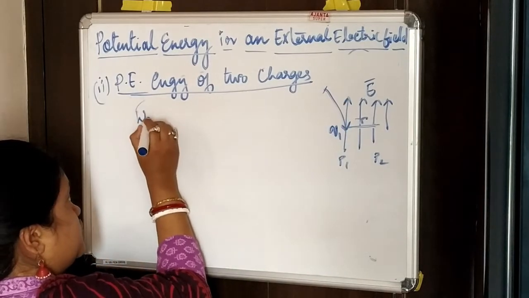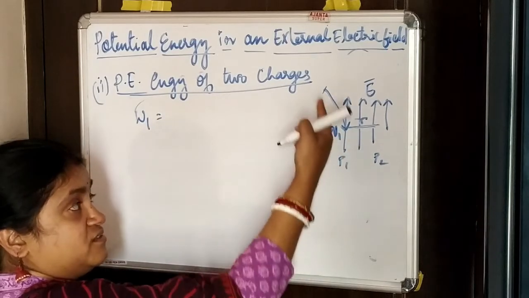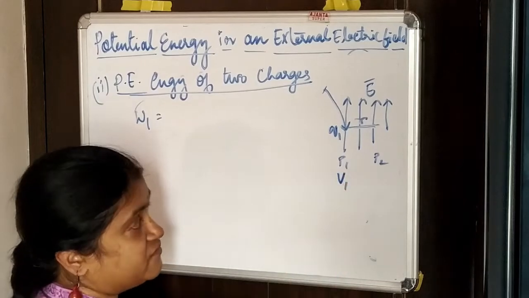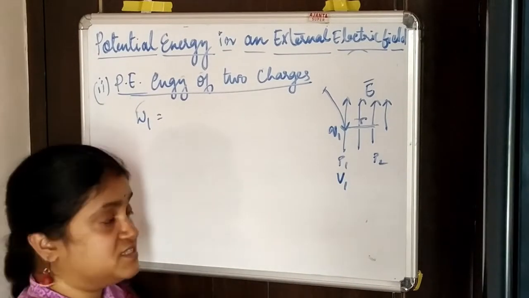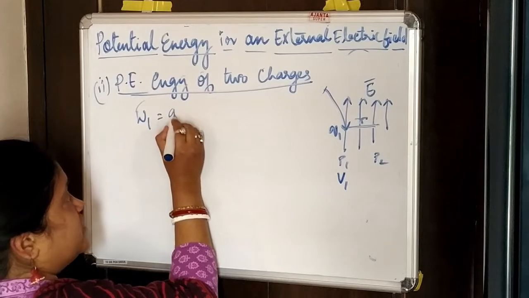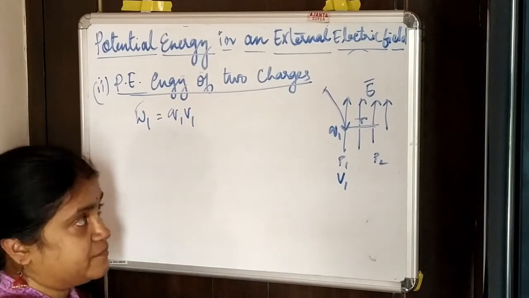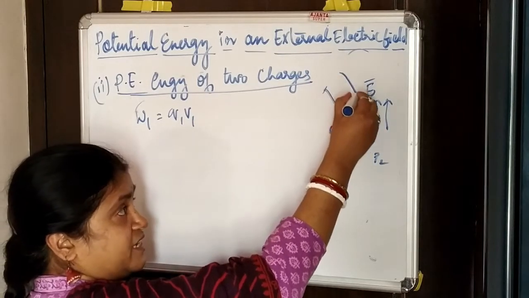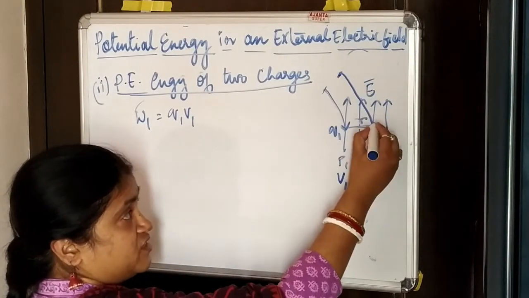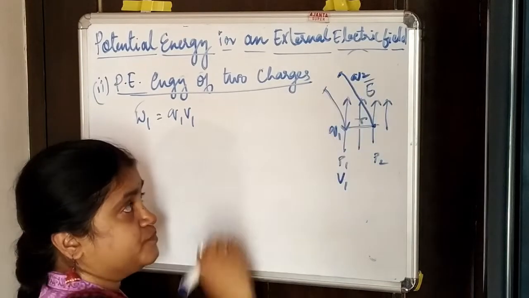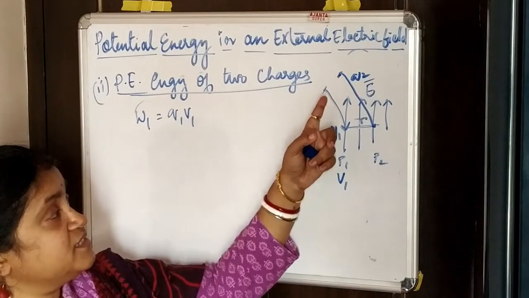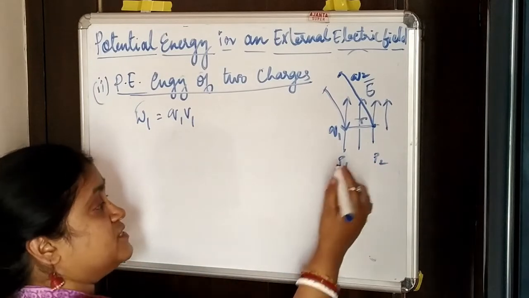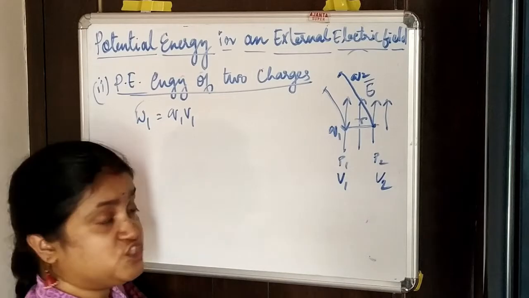The work done W1 to bring this charge from infinity to this point P1, which has a potential V1, we know from our previous discussion, will be nothing but Q1 into V1. Now the interesting thing is, if I try to bring the second charge Q2 from infinity to a point P2, let's suppose this has a potential V2.